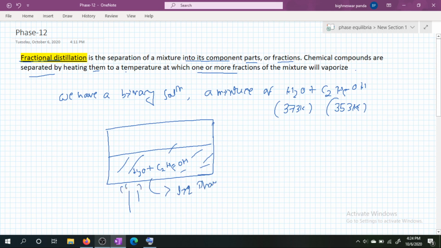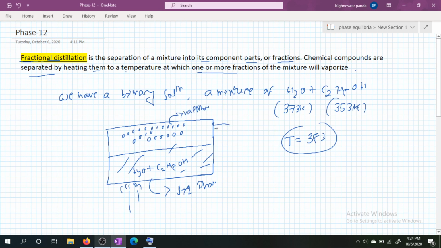Simply we have to heat this mixture. Upon heating, water has boiling point 373 K, whereas alcohol has boiling point 353 K. When the temperature reaches 353 K, the alcohol molecules will evaporate, or escape the liquid phase and be converted into vapor.